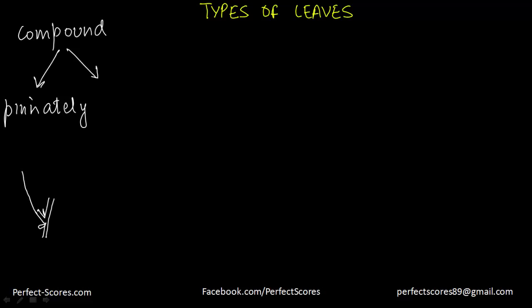So you're going to have a leaf that has further small leaflets. Now remember, each of these leaflets is not going to have an axillary bud. Only the main leaf, that is over here, is going to have the axillary bud, not the single individual leaflets. So that is pinnately compound, or it can be a case of a palmately compound leaf also.